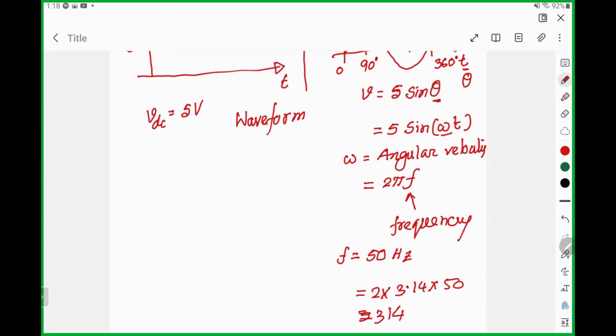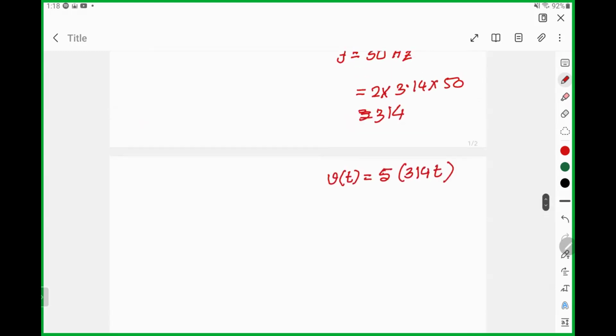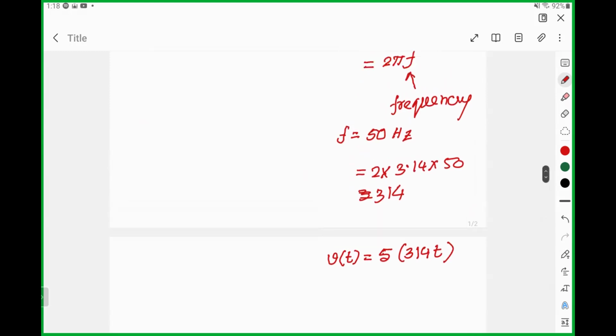That means my sinusoidal signal I can write down as, so this is V as a function of t, that can be written as 5 sin(314t), right? All right? Understand?